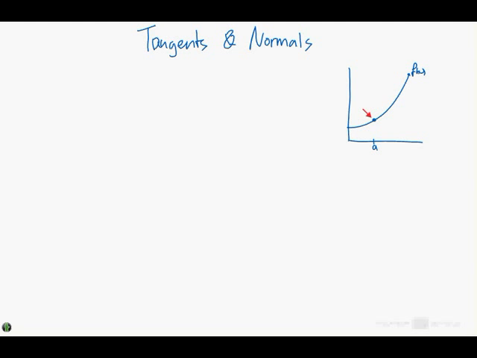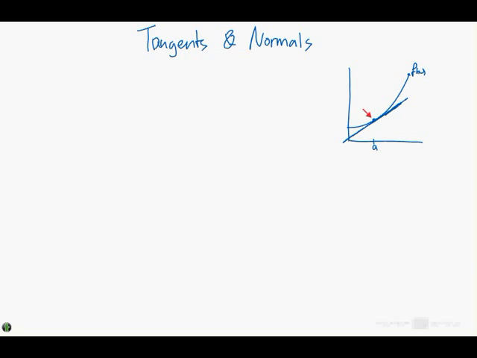You measure out the gradient here, and it's just a straight line like so. So that line there is a tangent. You see that it just touches f of x at the point x equals a.